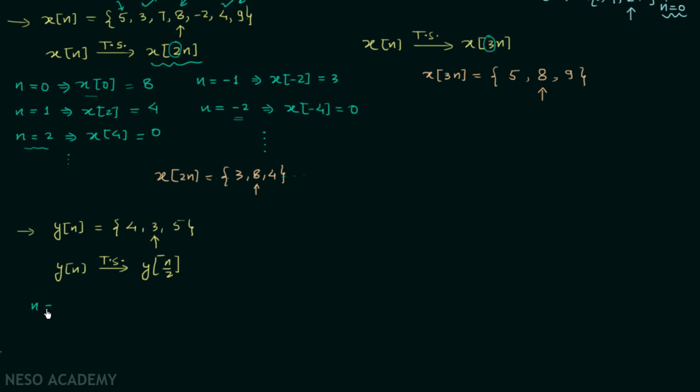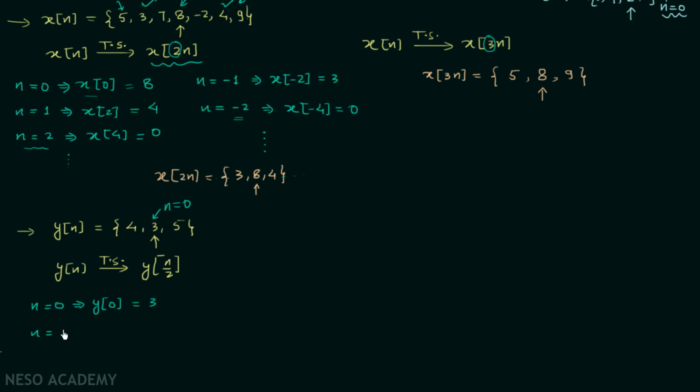We will put n equal to 0 like we have done here, and for this we will calculate yn by 2. When n is equal to 0, yn by 2 is equal to y0, and y0 means value of yn when n is equal to 0 is equal to 3. So y0 will be equal to 3. This means yn by 2 when n is equal to 0 is equal to 3.